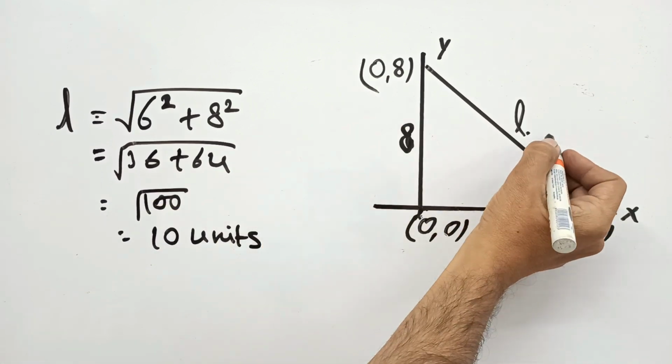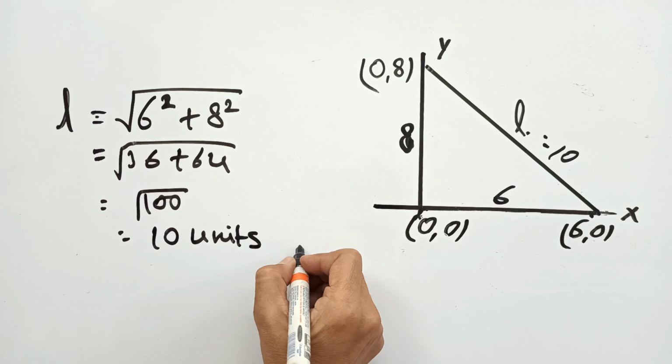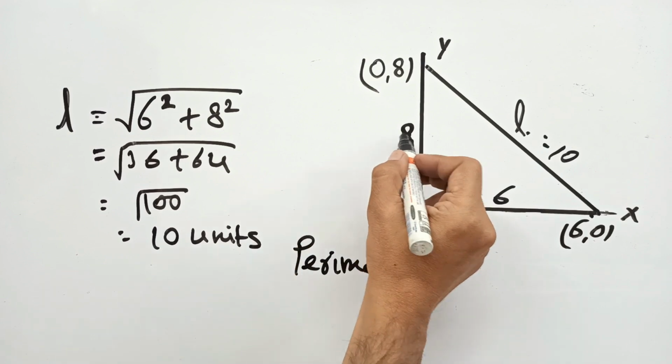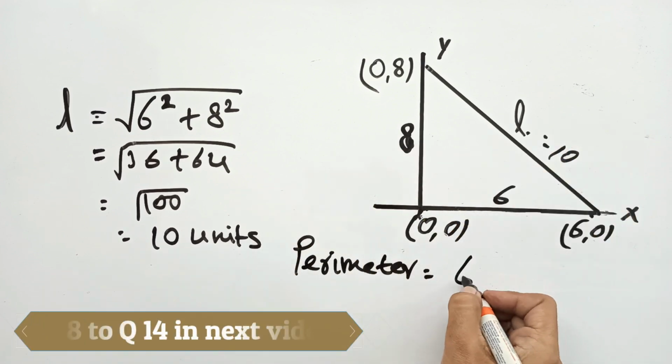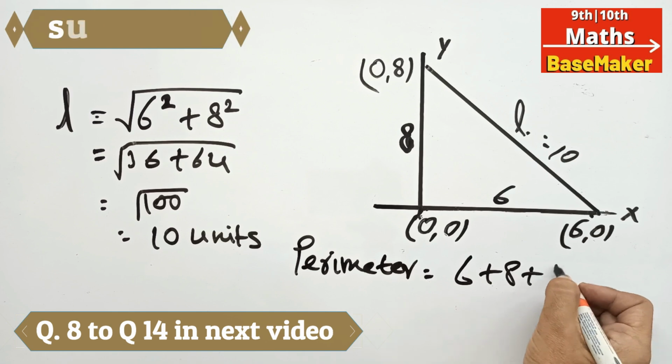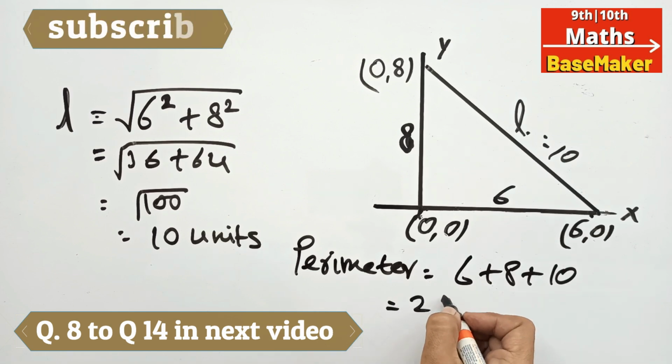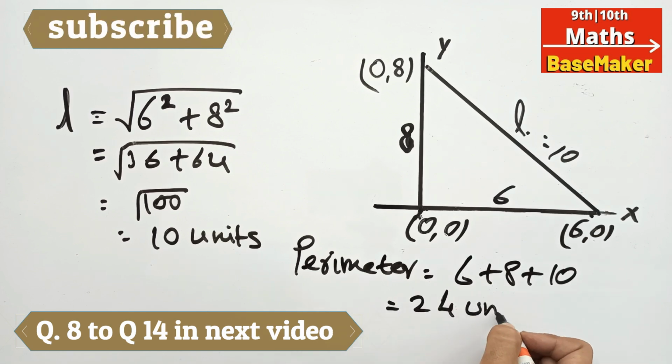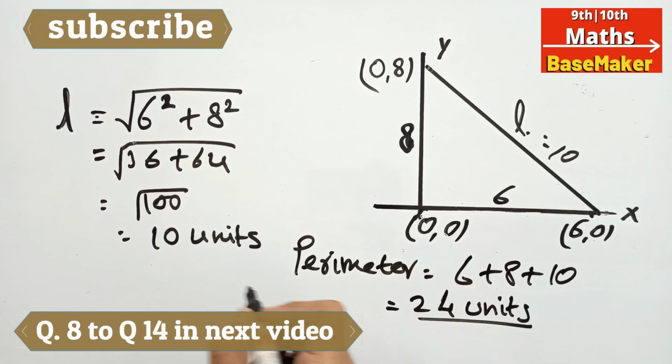So this will be 10. So the required perimeter is 8 plus 6 plus 10, 24 units, the perimeter of this triangle. So here in this competency based question we use the coordinate geometry concept.